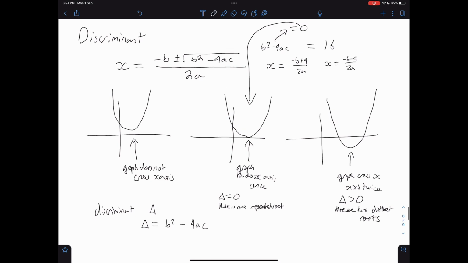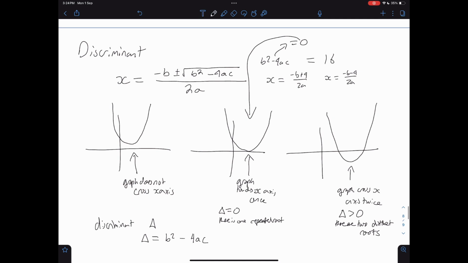And now, the other case is if it's a negative. You can't get a real number from the square root of a negative number. Like, if x squared equals 1, x equals 1 or x equals minus 1, right? You can't get from either of those numbers a negative 1 by squaring it.